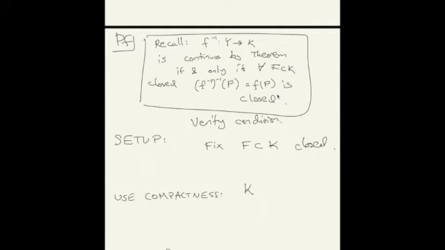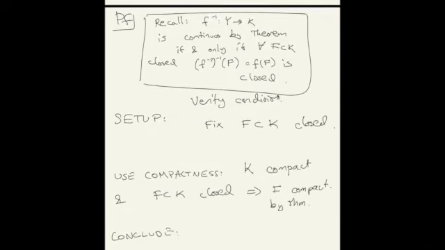So K is compact and F, a subset of K, is closed. So a closed subset of a compact space is itself compact, by theorem. This is a kind of theorem that you should know, actually, on Friday. So a closed subset of a compact space is compact.